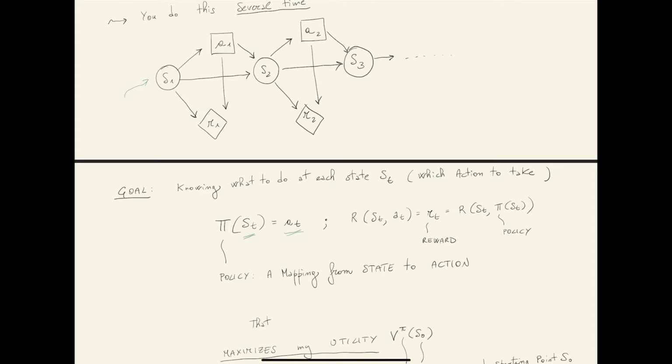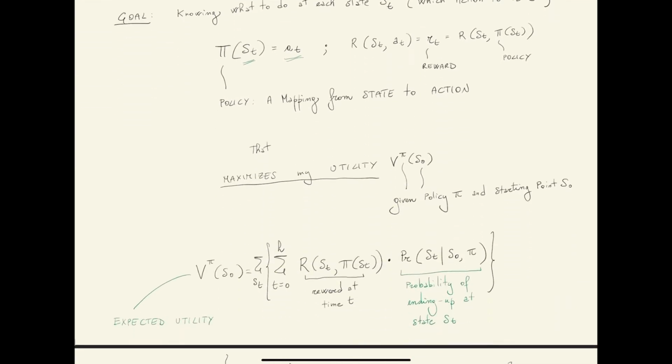What we want to do here is to maximize the reward, or what's called the utility function. So we have this value function, given pi, so that's the pi over here, given our policy, and given our starting state S0.